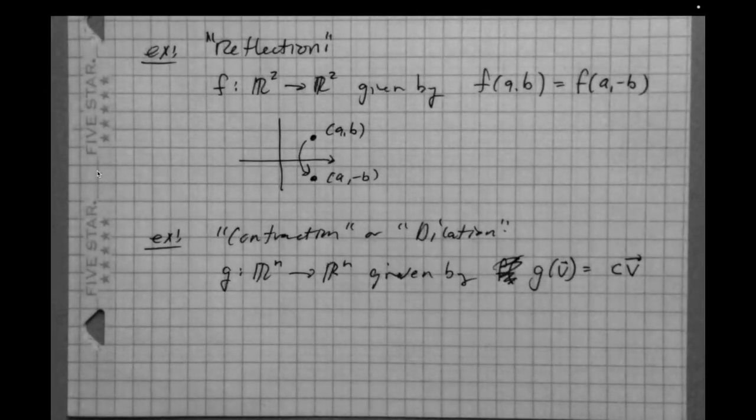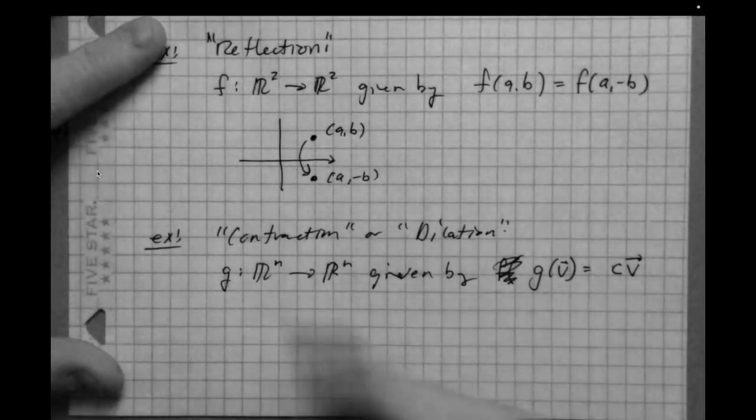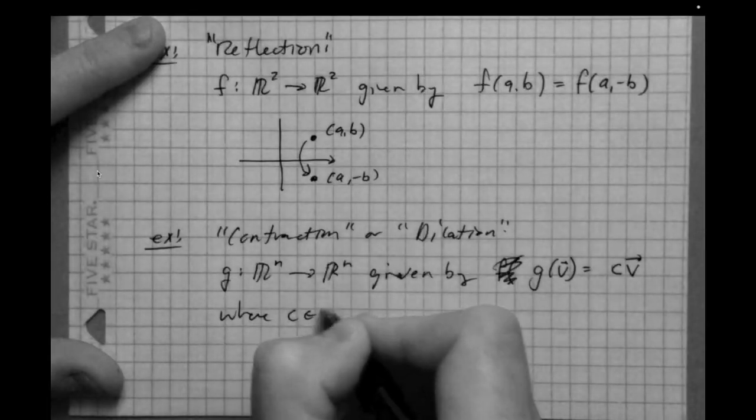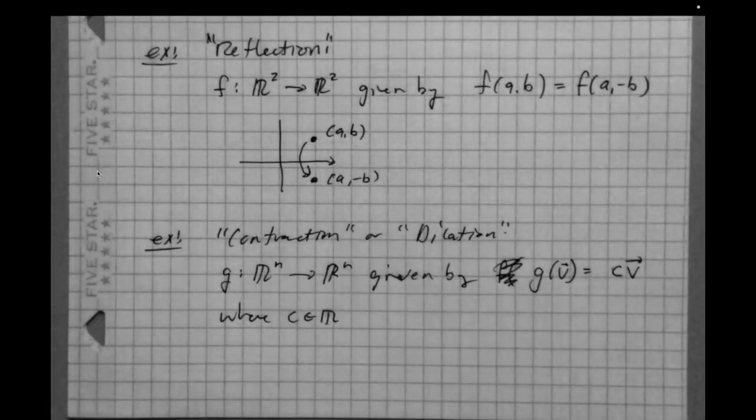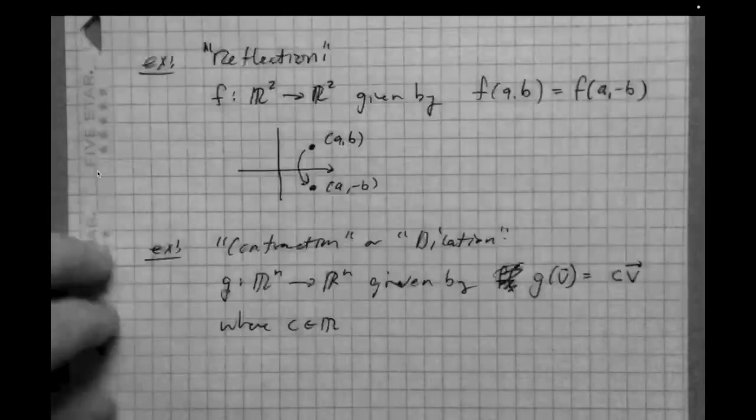The scalar c determines whether this is a contraction or a dilation. If c is less than 1 in absolute value, it's going to contract. If c is greater than 1 in absolute value, it's going to dilate, meaning stretch. It will either shrink or stretch, contract or dilate, respectively. Again, this is a linear operator.